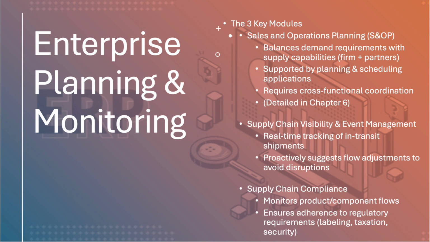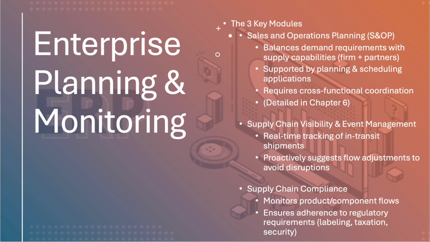To close this part of the lecture, let us summarize the overall message. Supply chain information technology begins with transactions, but it does not end there. It supports execution, management control, decision analysis, strategic planning, enterprise integration, visibility, collaboration, and compliance.